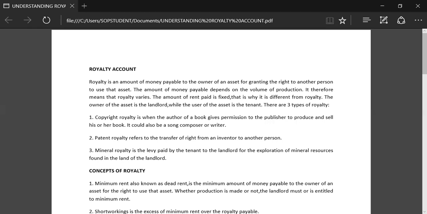Copyright royalty is when an author gives permission to produce and sell our books. Patent is a transfer of right from an inventor to another person, while mineral is the levy paid by the tenant to the landlord to explore the mineral resources in the land of the landlord.